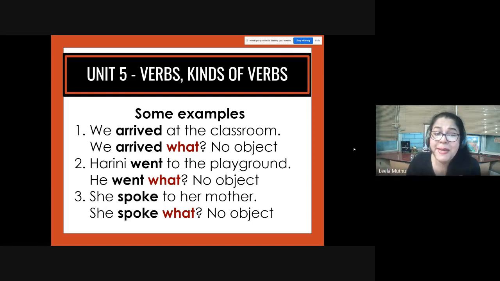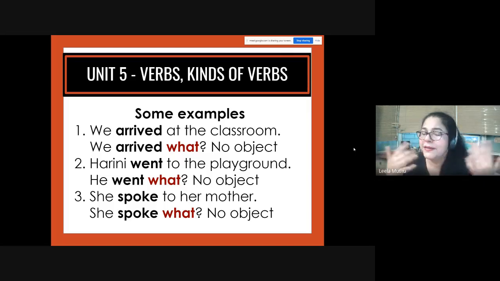No. Immediately after the verb, you have to ask the question what or whom. We arrived what? There is no object. We arrived whom? There is absolutely no object in the sentence. Therefore, the verb arrived is an intransitive verb.